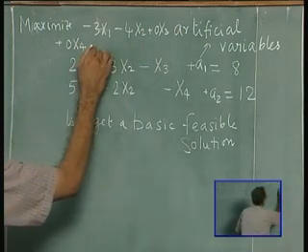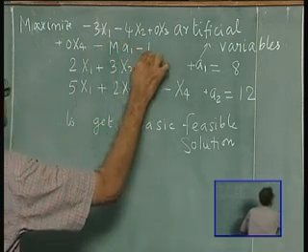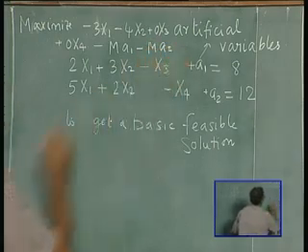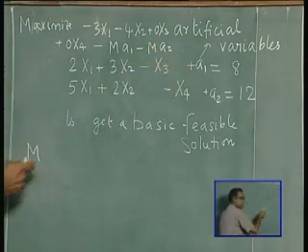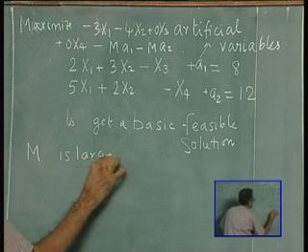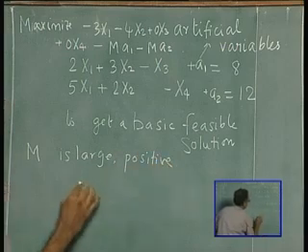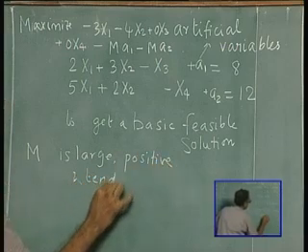So we write, for example, minus M A1 minus M A2, where this M is called big M, this M is large, positive and tends to infinity.